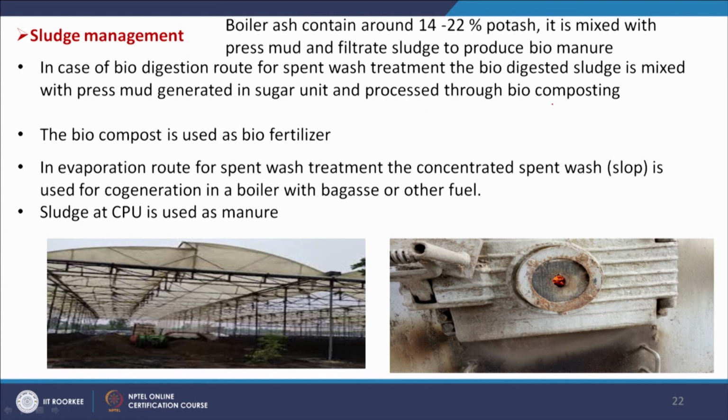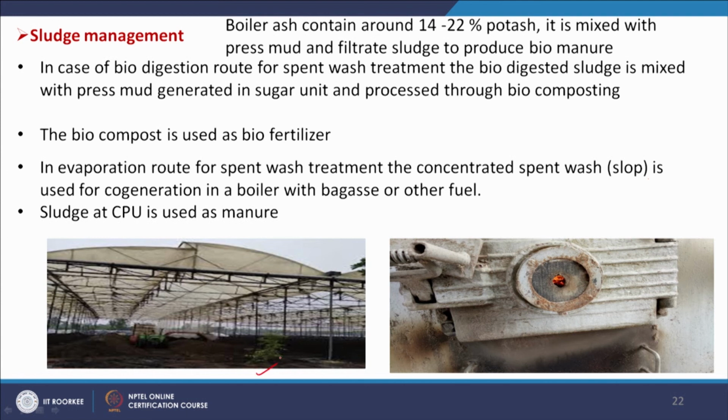So, that is another process where the biocomposting route is followed, and the biocompost is used as fertilizer. And in the evaporation route for spent waste treatment, the concentrated spent waste or slop is used for cogeneration in the boiler with bagasse or other fuel, and sludge from CPU is used as manure. So, these are the different sludges produced in the plant, and they are used in different ways.